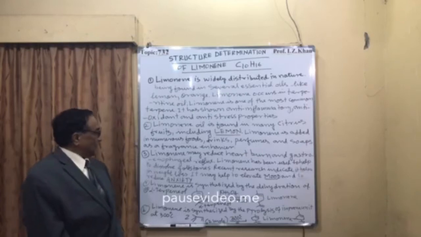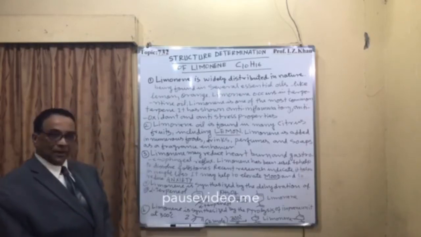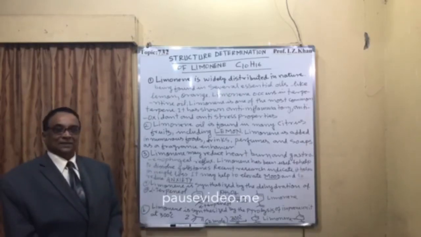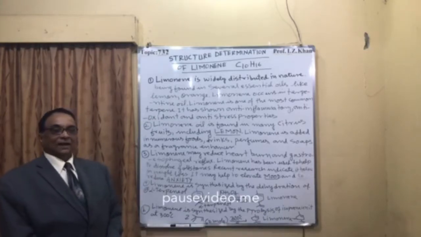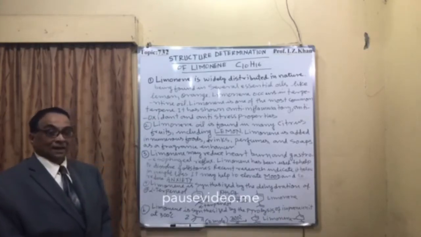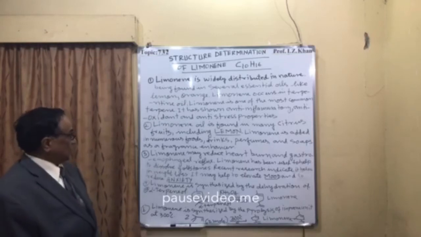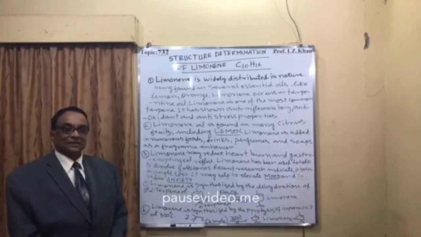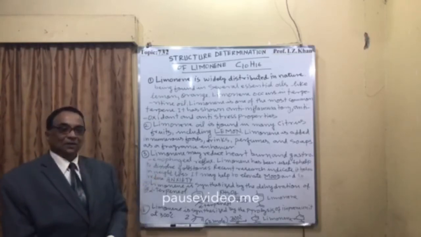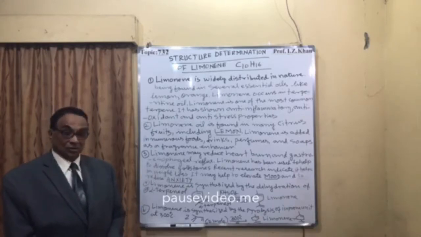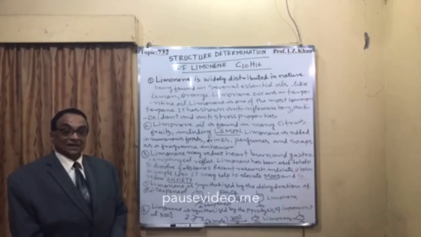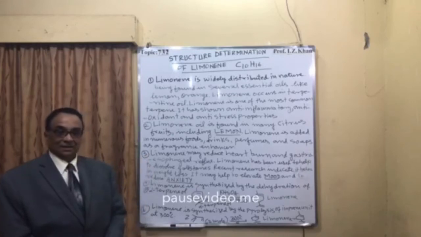Number 3, limonene may reduce heartburn. Heartburn means hyperacidity, where you will feel the burning, and also gastroesophageal reflux means sometimes you may vomit or some acids are coming out.